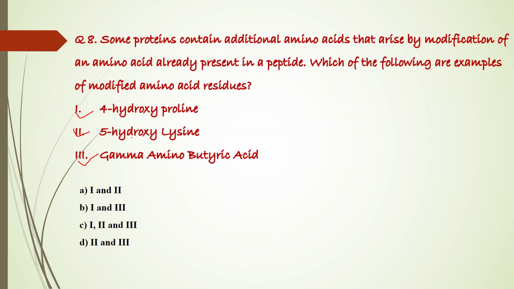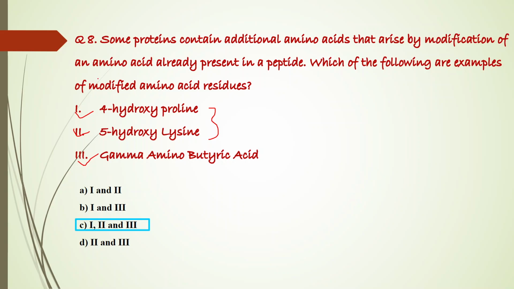Okay, fine. So the correct answer for this should be option C. If I have to answer this particular question, you actually do not need to know the structures of the first two, because you already know that in case of essential amino acids, there are two amino acids, that is proline and lysine.